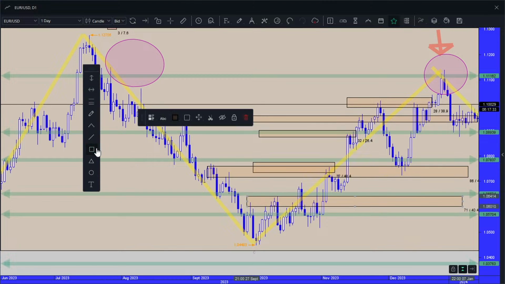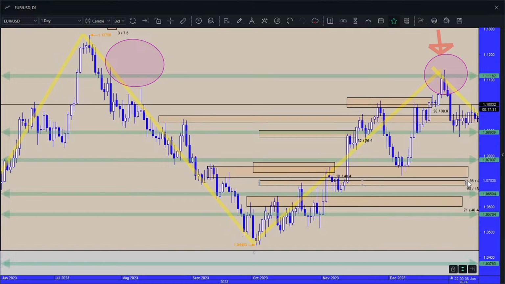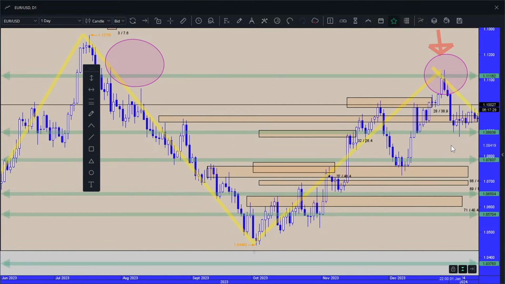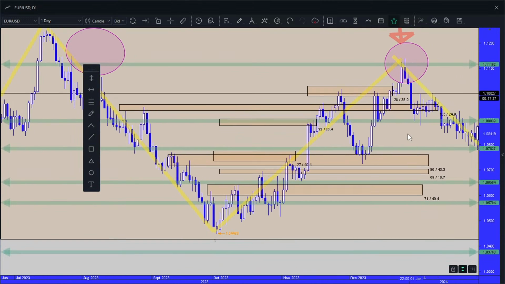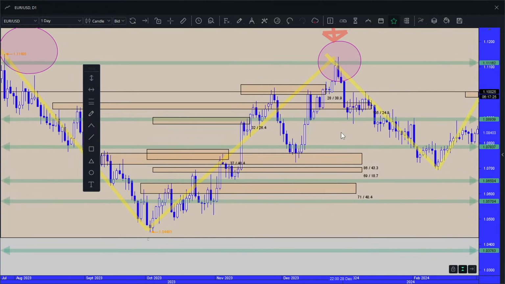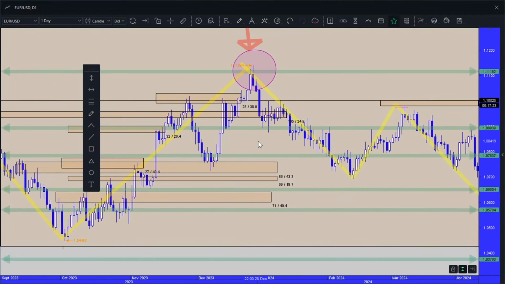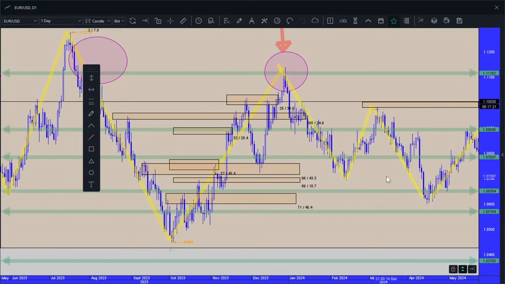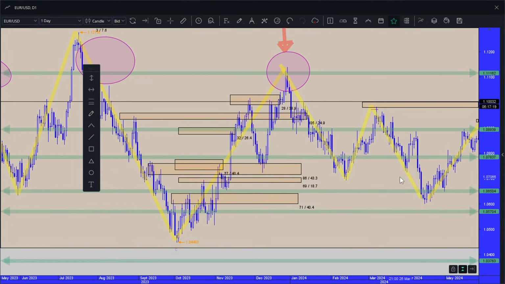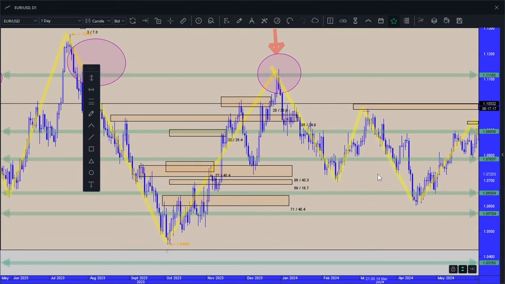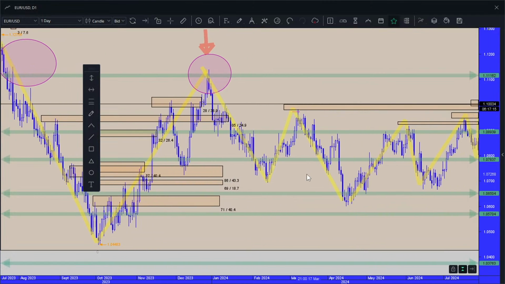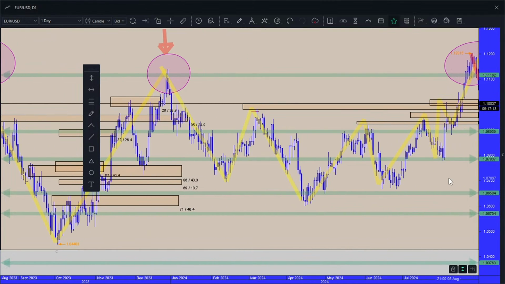Can you see, everybody, how your brain works? But what did the market do? The market went down, right? The market went down, see?